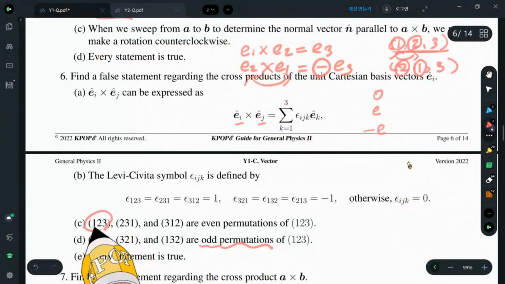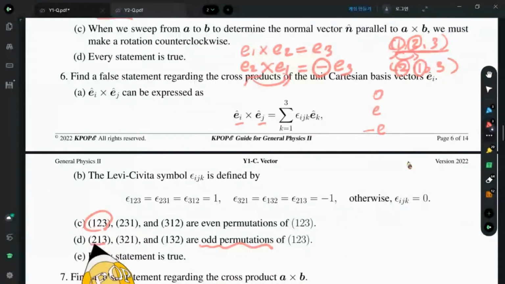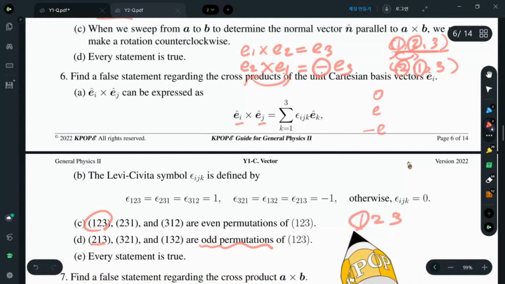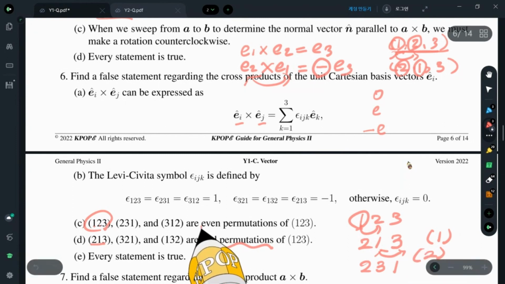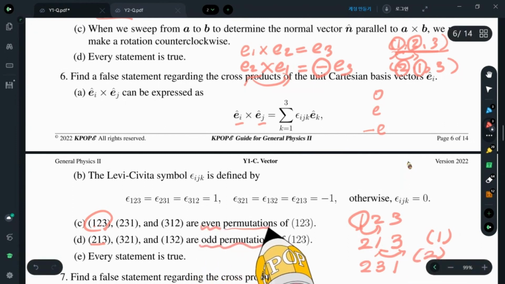From this, exchange 1 and 2. You exchange a pair only a single time. That is an odd number, so we call this an odd permutation. From 1, 2, 3, you exchange these two, you will obtain this. You have one permutation, and then exchange these two. Then you will find 2, 3, 1. So you have exchanged twice. Then you reach an even permutation.